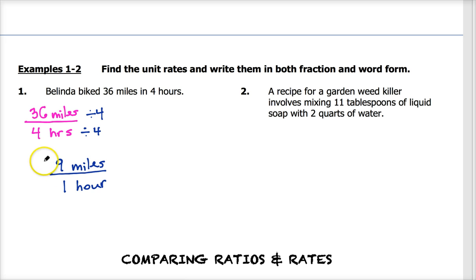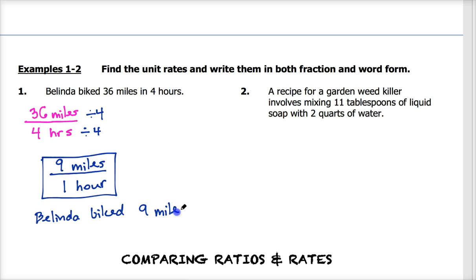So this is the fraction form. And in word form, we can say Belinda biked 9 miles in 1 hour, or we could just say she biked 9 miles per hour.